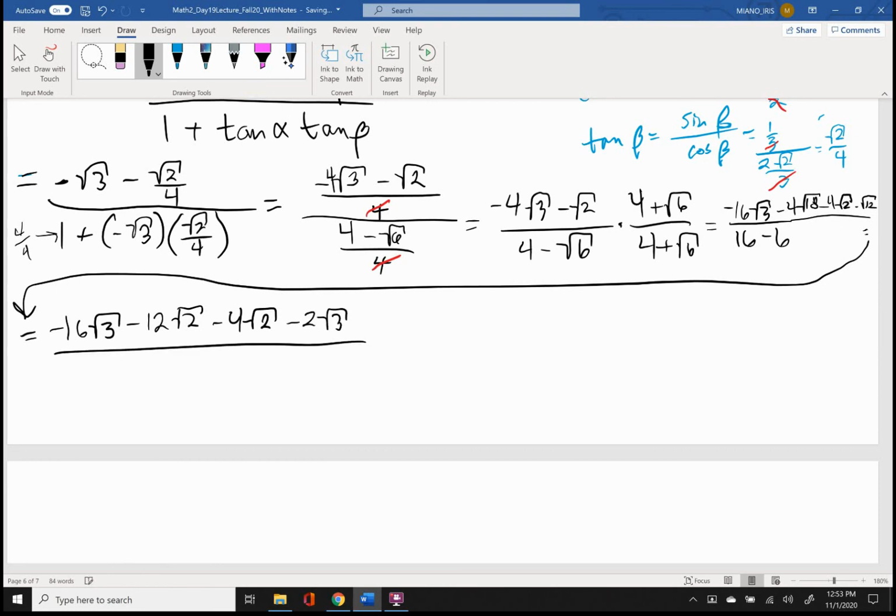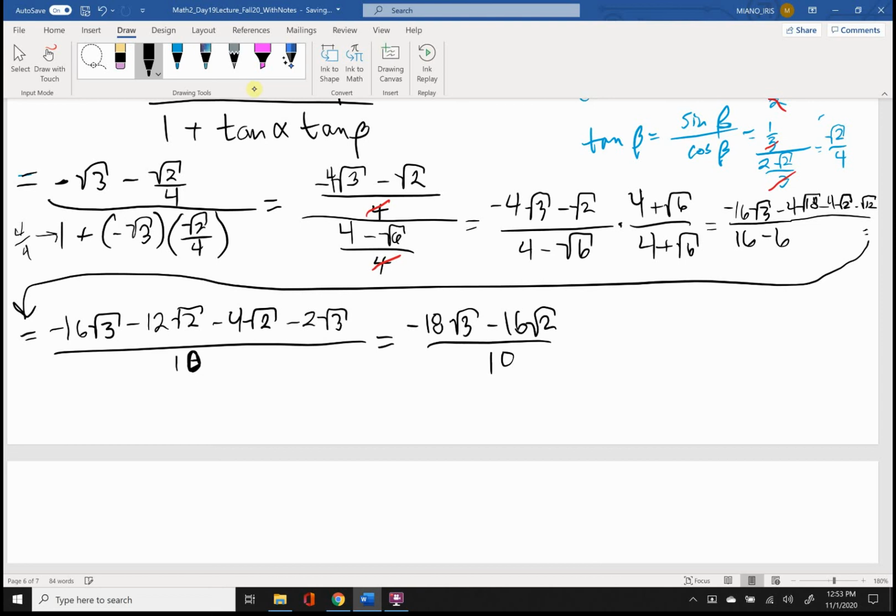And then the 16 minus 6, call that a 10. Oops, a 10, not a 16, 10. Okay, so now combine the root 2's and the root 3's, and you'll have minus 18 root 3's minus 16 root 2's.